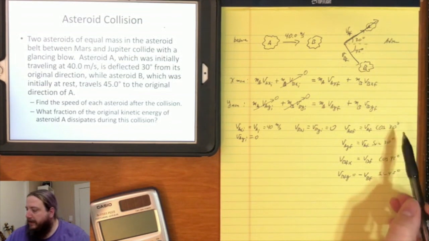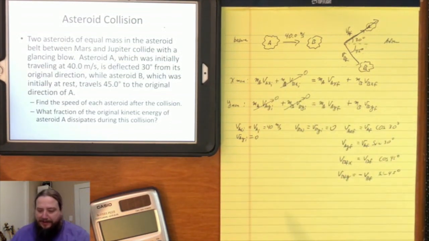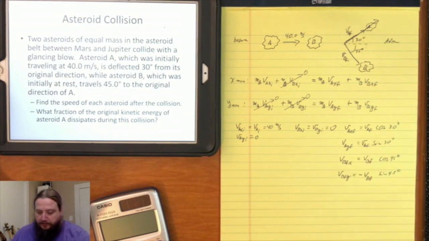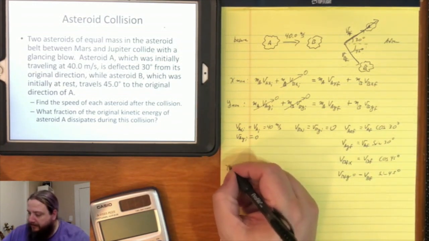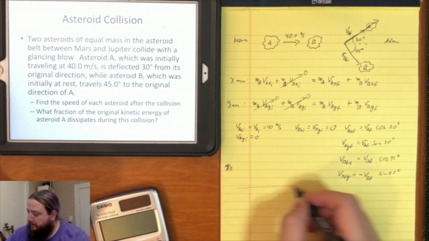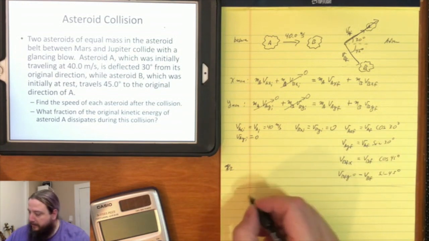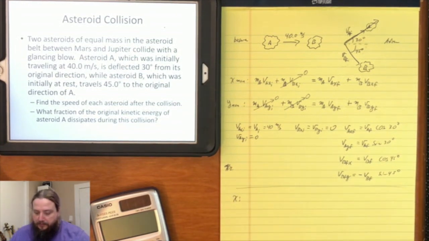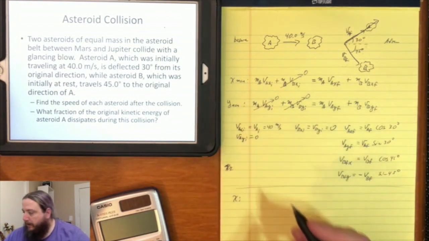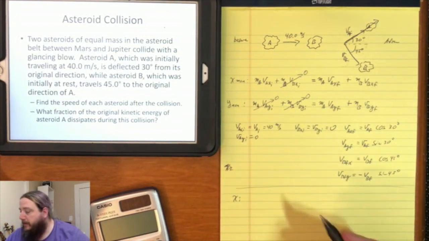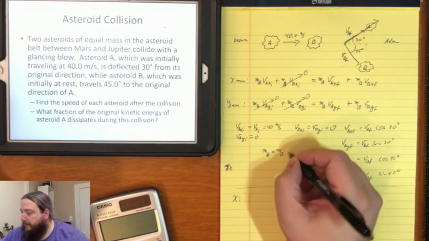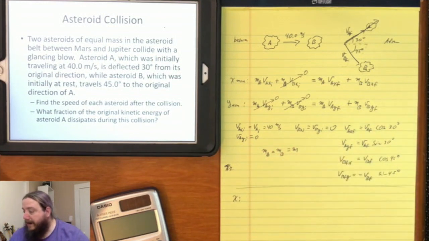And so now we can take our x and y momentum equations and write them down in terms of just the total velocity. So again, our x momentum equation, let's write it down here, give ourselves a little bit of room. One other thing that we haven't taken into account here is that mass A and mass B are the same, so let's just call them mass.